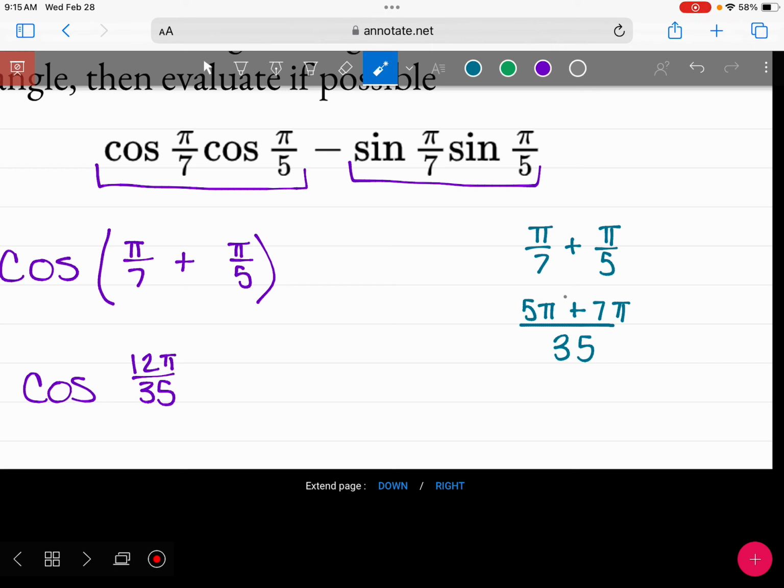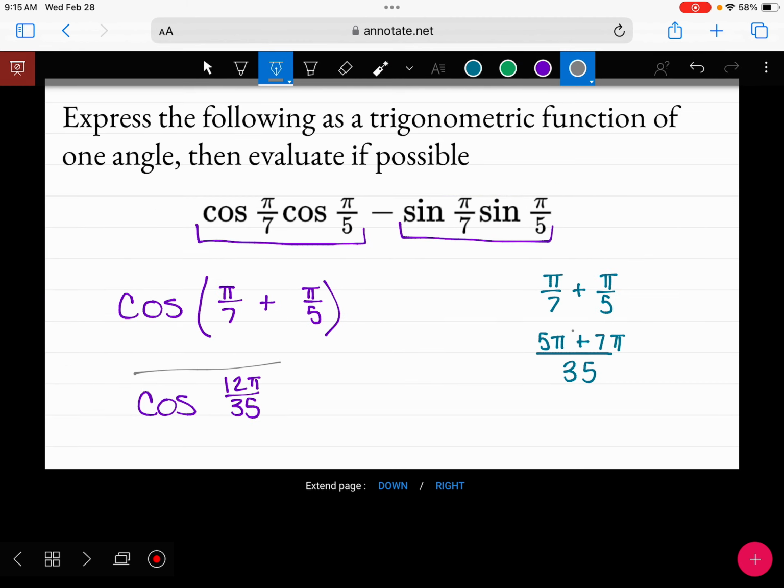Those are the only ones we know off the top of our head. 35 doesn't have those as factors, so we're not going to be able to break this down into further pieces. So this is where we're going to stop. This is our single trigonometric function, which I struggle over that word every time I have to translate it. Our single trigonometric function of one angle. But we cannot evaluate it because we don't have over 35 in our library of knowledge base.